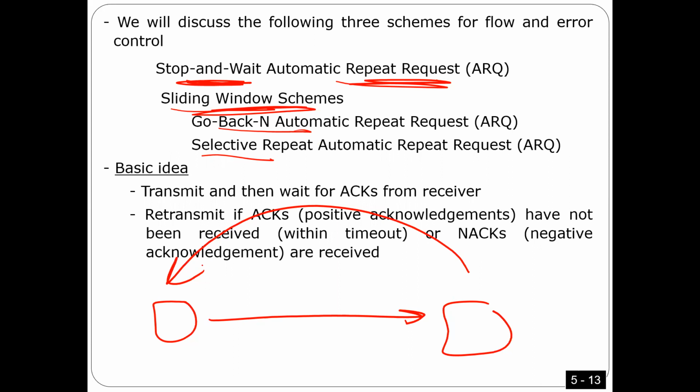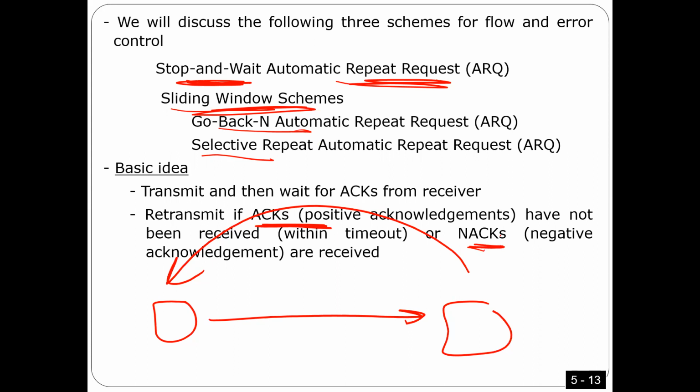We call this feedback acknowledgement. Acknowledgement is just a message coming from the receiver to the sender telling the sender, I received the message correctly. Sometimes we use something we call negative acknowledgement. Negative acknowledgement means you are telling me I didn't receive the frame, or the frame is corrupted. Please retransmit.